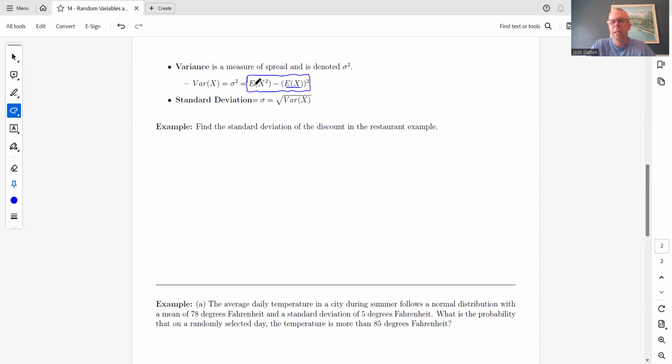Now, how do we find the expected value of x squared? It's almost the same thing as what we just did, except we're going to square all of the x values and multiply them by their probabilities. And so when we do that, we get 108.33.